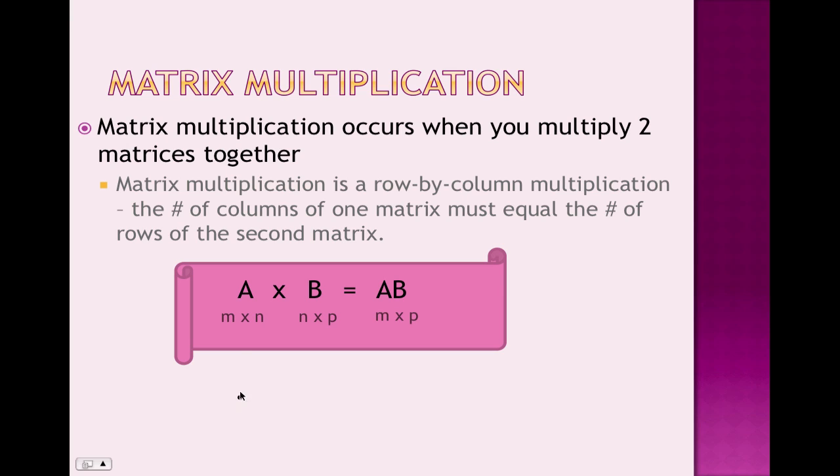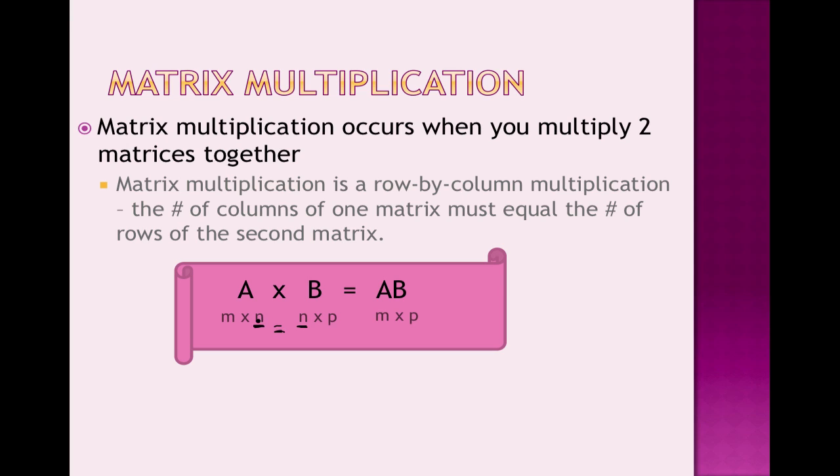So let's take, for example, a matrix A that is of order m by n. That just means that it has m number of rows and n number of columns. These could be any number that we want. And matrix B is of order n by p. We can multiply these two matrices together because the number of columns in matrix A equals the number of rows in matrix B. These two numbers here are the same.